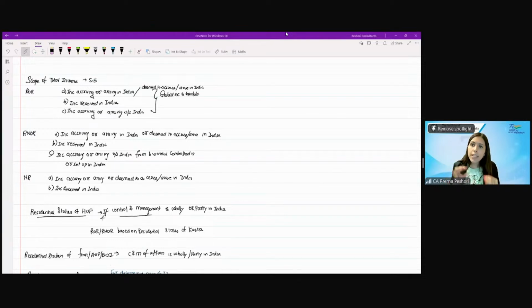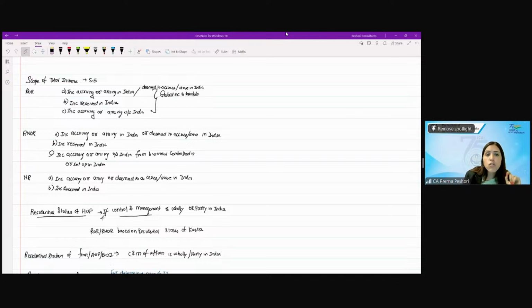So accruing refers to the generation of the income. Now let me give you a few examples for you to understand and tell me whether the income accrues in a particular country. For example, there is one non-resident, let's say, who is a resident of USA.